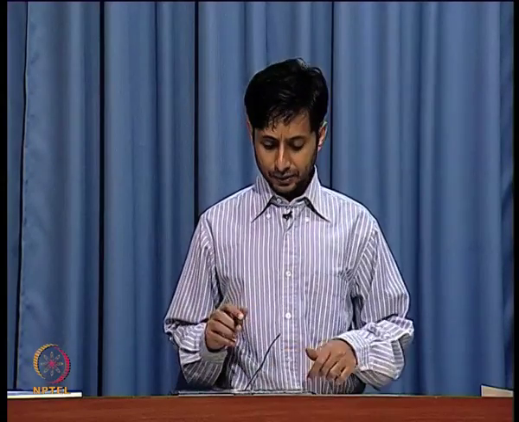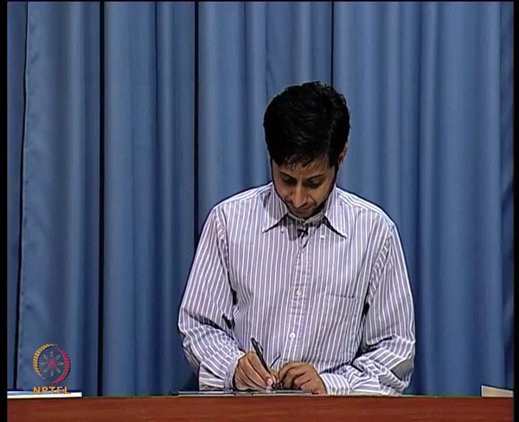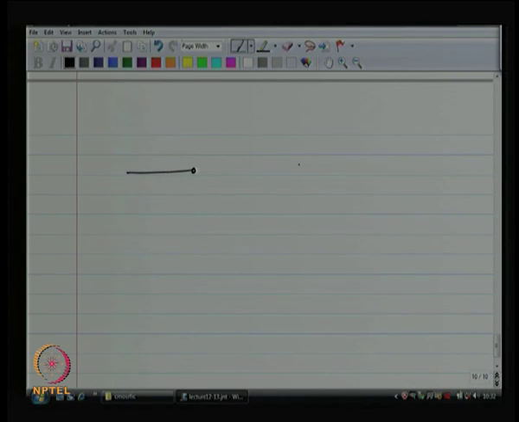All right. So, now let us summarize our model. Our model for the MOSFET looks like this. I have got 4 terminals: gate, source, drain and body. All right.